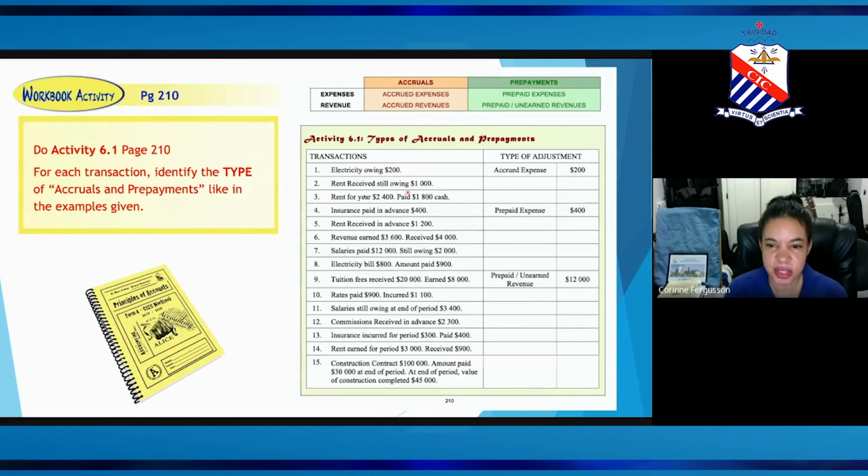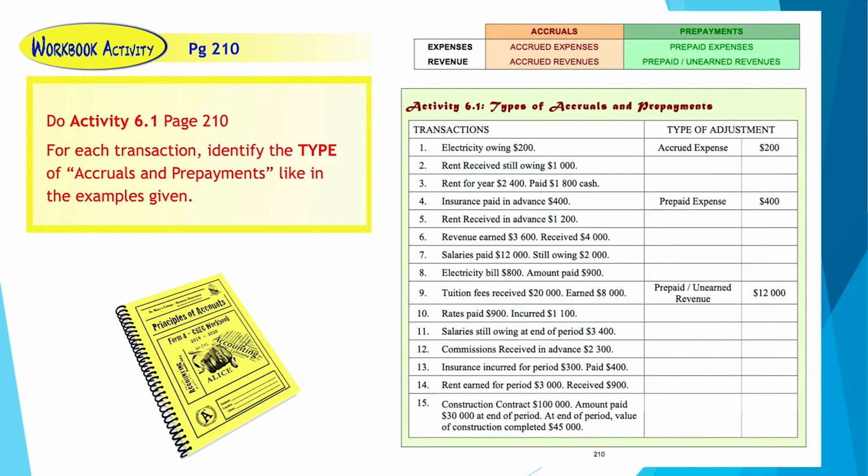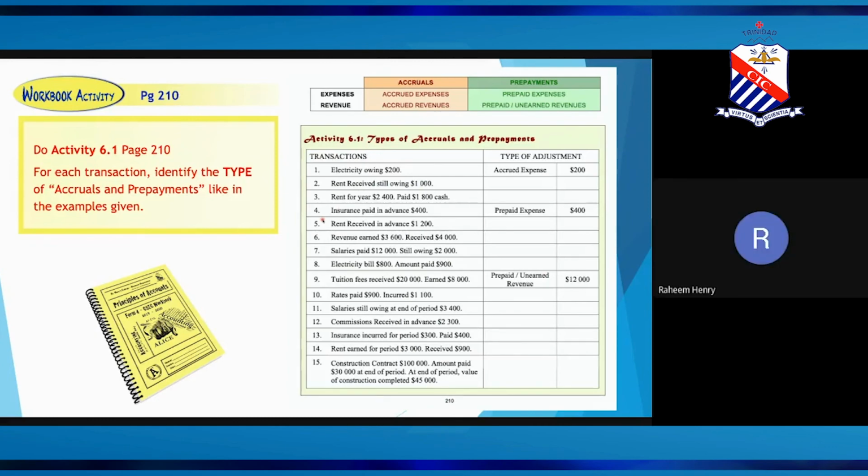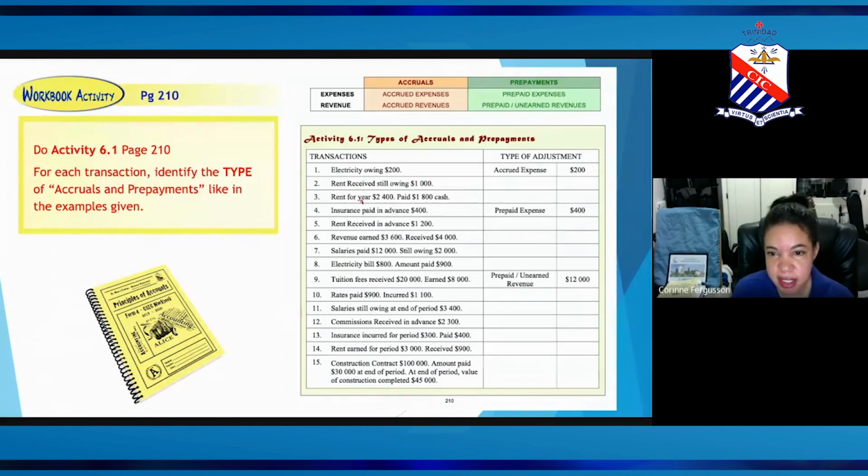I want somebody to do this one before we leave. Rent for the year, $2,400, paid $1,800 cash. Accrued expense. It's an accrued expense, and yes. So rent is an expense, so you know the answer had to be expense.